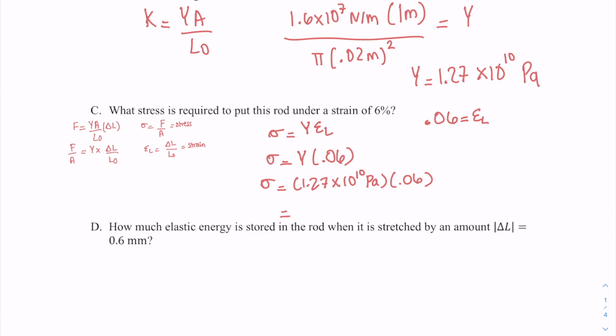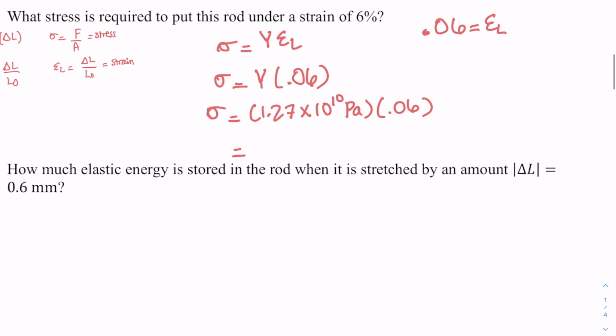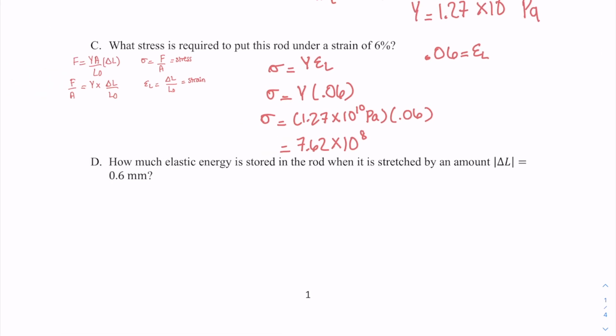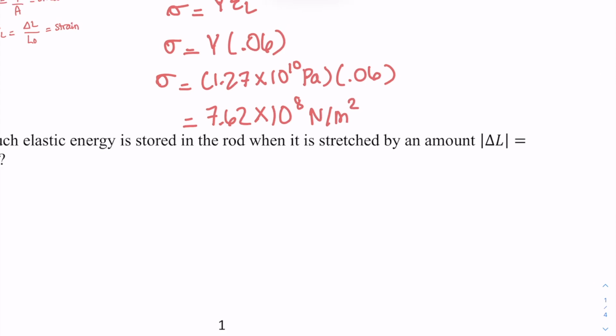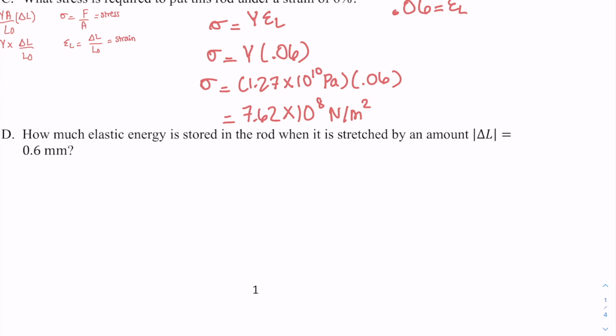Okay, I got around 762 million, so that's 7.62 times 10 to the 8th. And that's going to be in pascals, or at least you can say newtons per meter squared as well. For stress, it really doesn't matter if you put pascals or newtons per meter squared, because they're the same units.